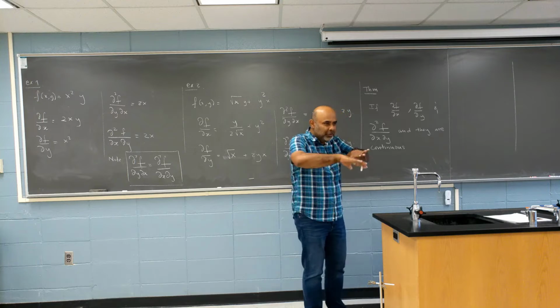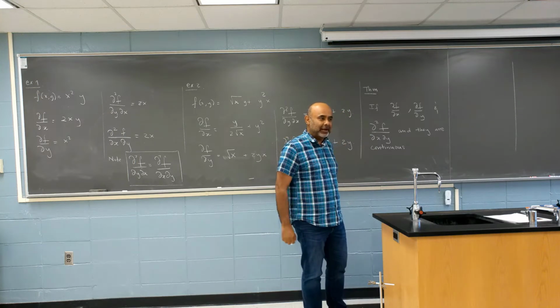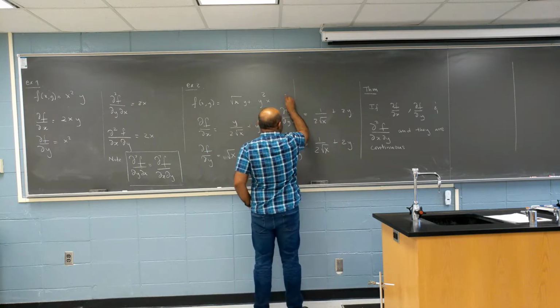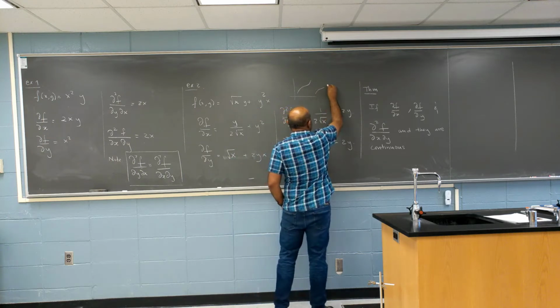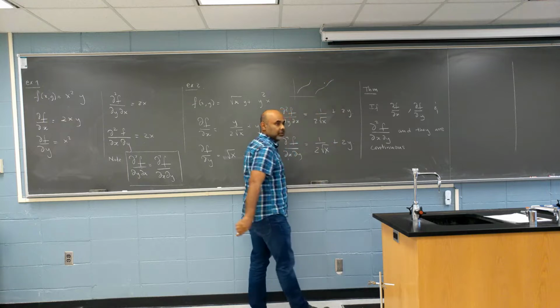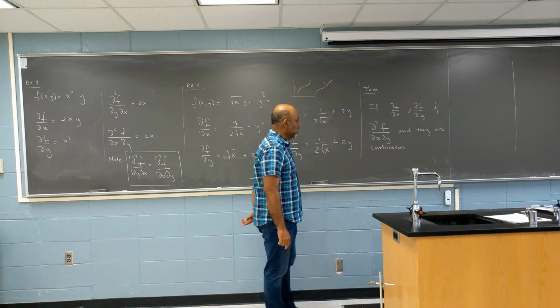Continuous means if you graph it, there are no holes. You don't have to take your hand off to draw the diagram. For example, if I have the graph of a function, this function is continuous. Well, this is not, if the value over here is that. So I have to take my hand off to draw the graph, right?